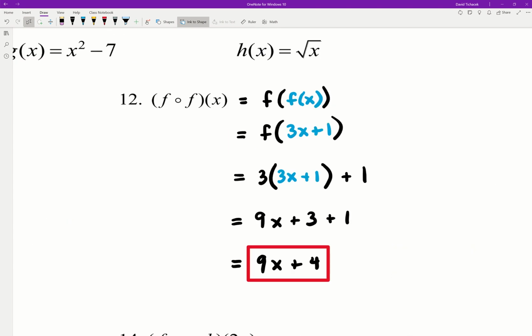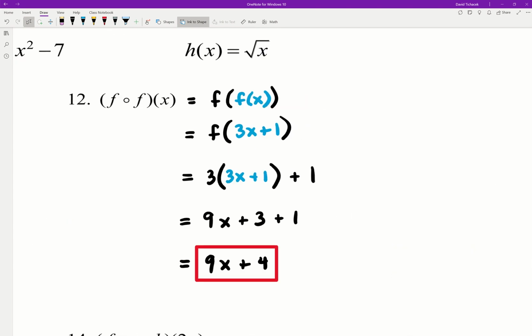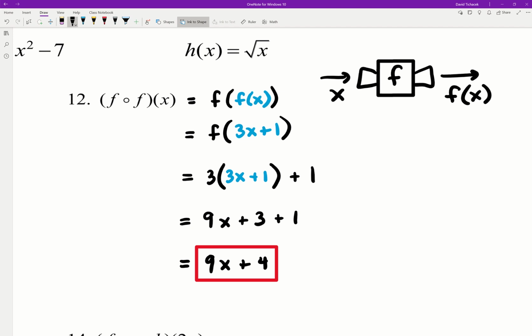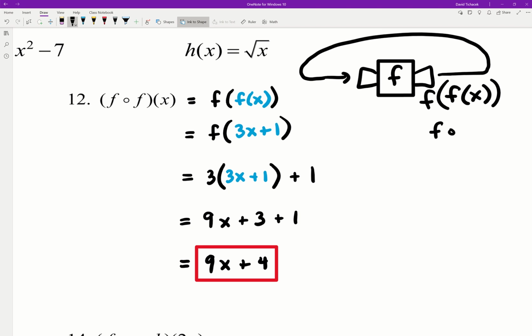As weird as this might seem, we can actually compose a machine with itself. To draw a picture of that, that would be interpreted as taking this f machine here. What you do is you first feed it an x, and we, of course, know that what we get out of that is f of x. But then we take that f of x that we just got out, and we loop it all the way back around, back into the machine, so that we get what we might write as f circle f of x.